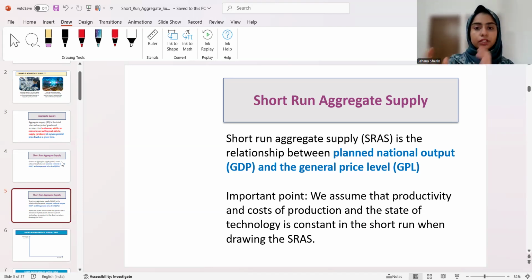But when we discuss the short run, we have to assume some factors constant: cost of production, state of technology, and productivity. Only when we assume these factors are constant will the relationship between real GDP and the general price level on the y-axis be positive.